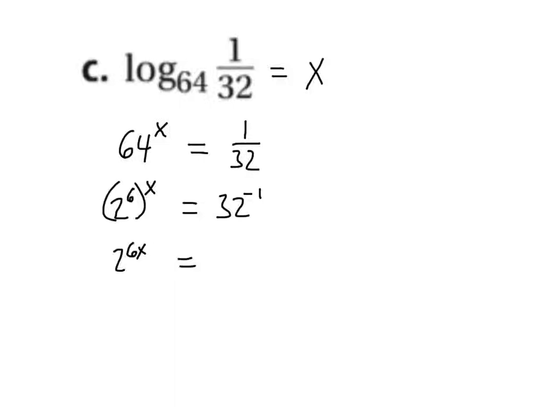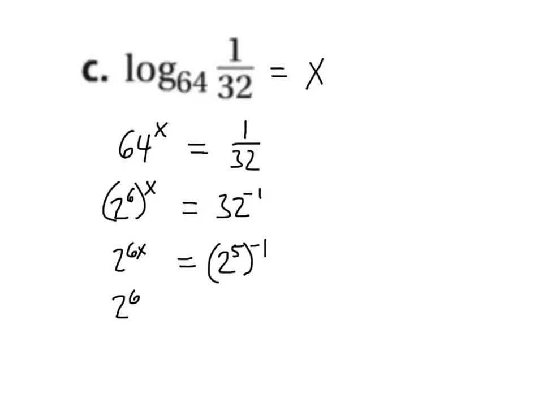Everybody see that? Remember, negative exponents mean that this 32 wants to drop to the denominator. So I want to bring that 32 up to the numerator and get rid of this fraction altogether. And so I've got 32 to the negative first power, which now I need to work with that 32. 32 can be rewritten as 2 to the 5th power, raised to the negative first power.